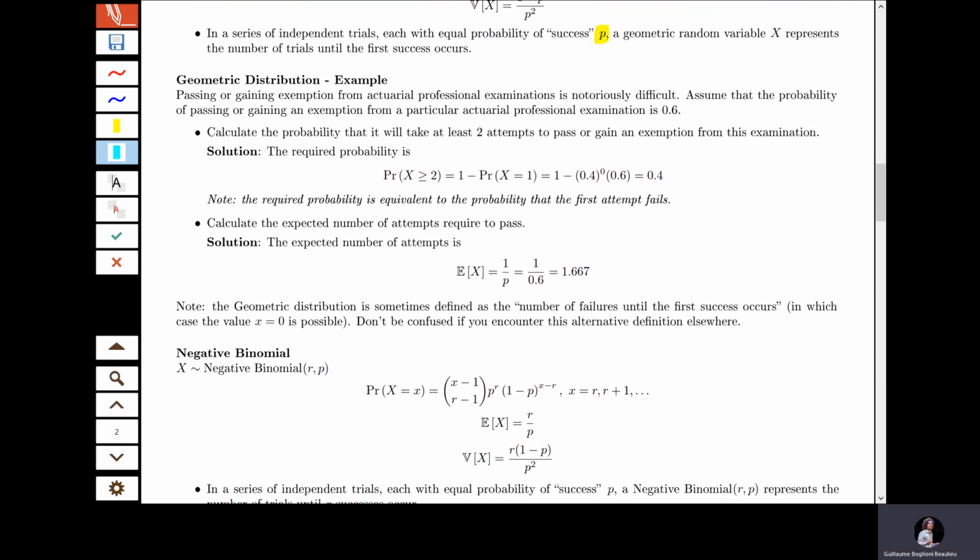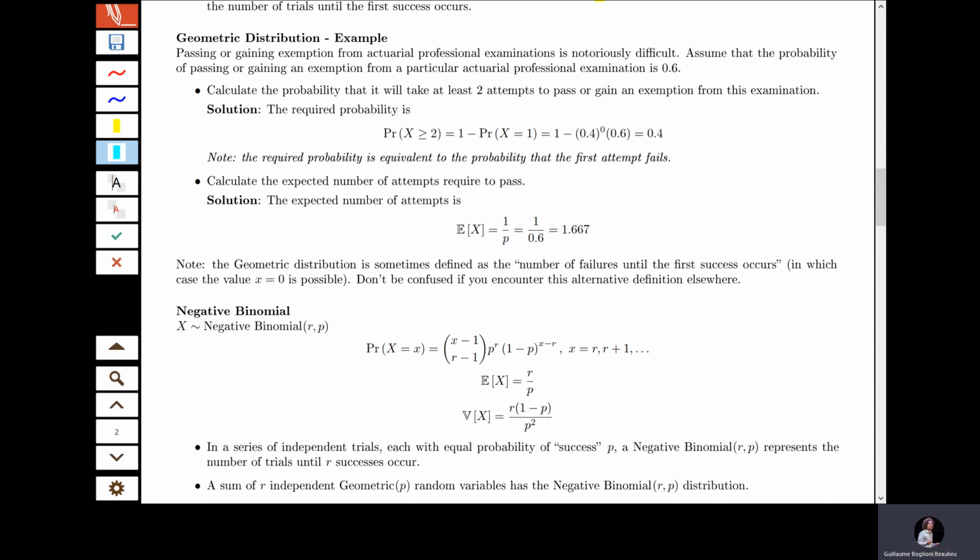Again, here we have some sort of numerical example. Passing or gaining exemption from actuarial examinations is notoriously difficult. Assume that the probability of passing or gaining an exemption for a particular exam is 0.6, so 60%. Calculate the probability that it will take at least 2 attempts to pass the exam.